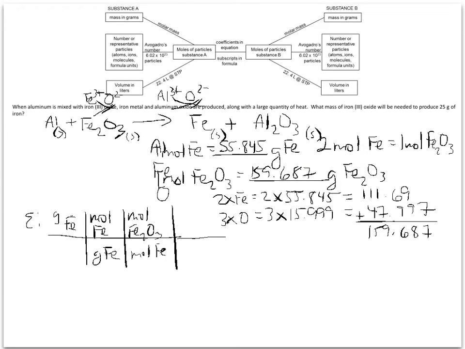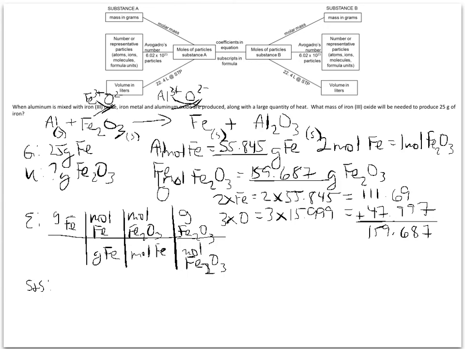And then we can get out of moles of iron 3 oxide and into grams of iron 3 oxide. Okay. And then at this point we can substitute in our numbers. So if we look at our givens, our given is 25 grams of iron. So we put in the 25 grams of iron.